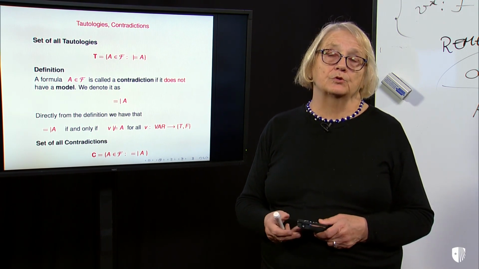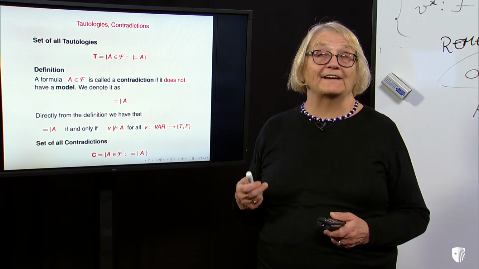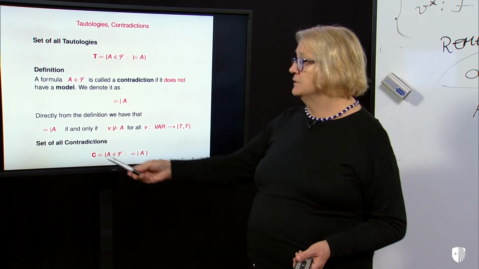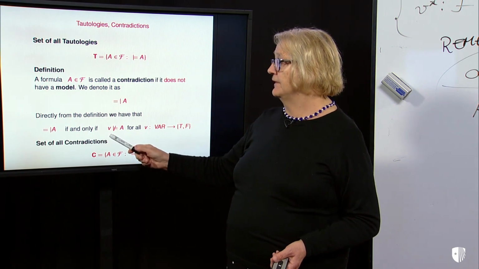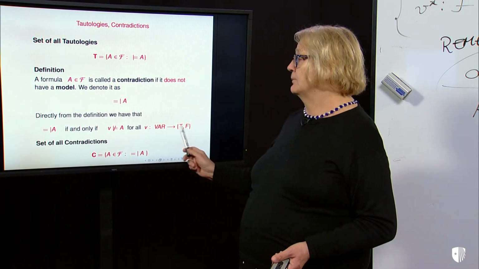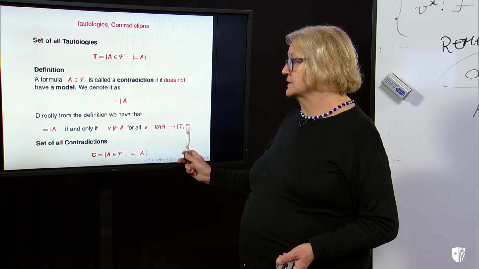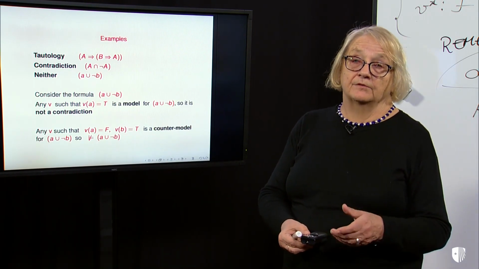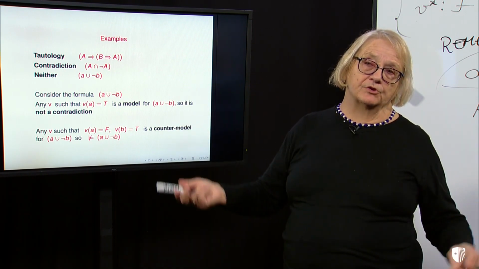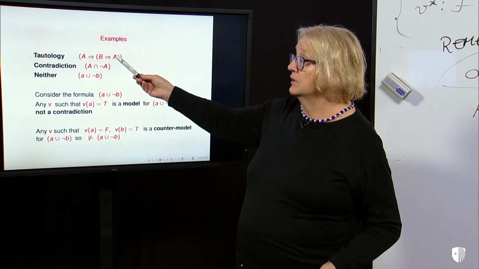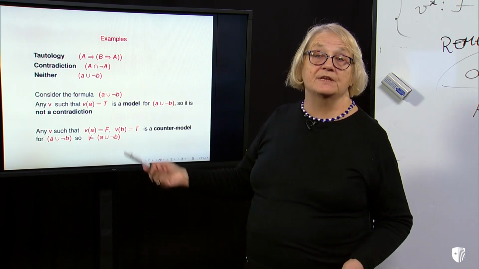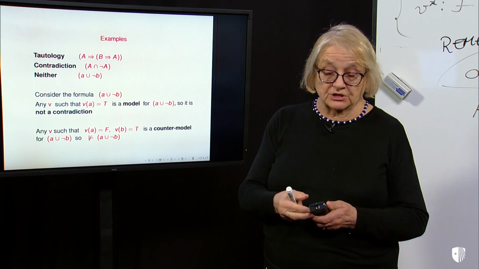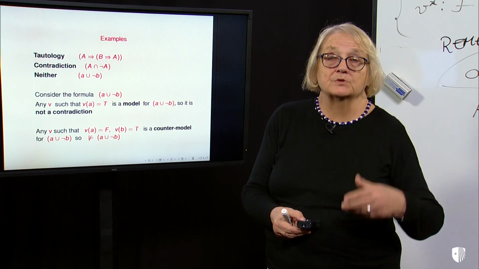And then we also introduce the notion of contradiction. Contradiction is the inverse of tautology. We say A is a contradiction if and only if for all truth assignments V, V does not satisfy A. Of course, among all our possible formulas, this is a tautology, this is a contradiction, and this is neither. So you have tautologies, you have contradictions, and you have infinitely many formulas which are neither.